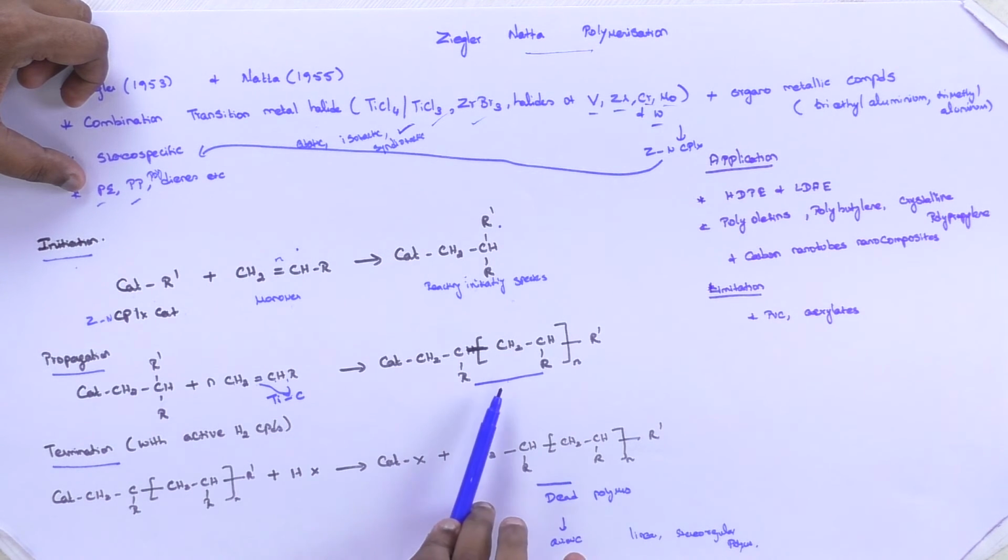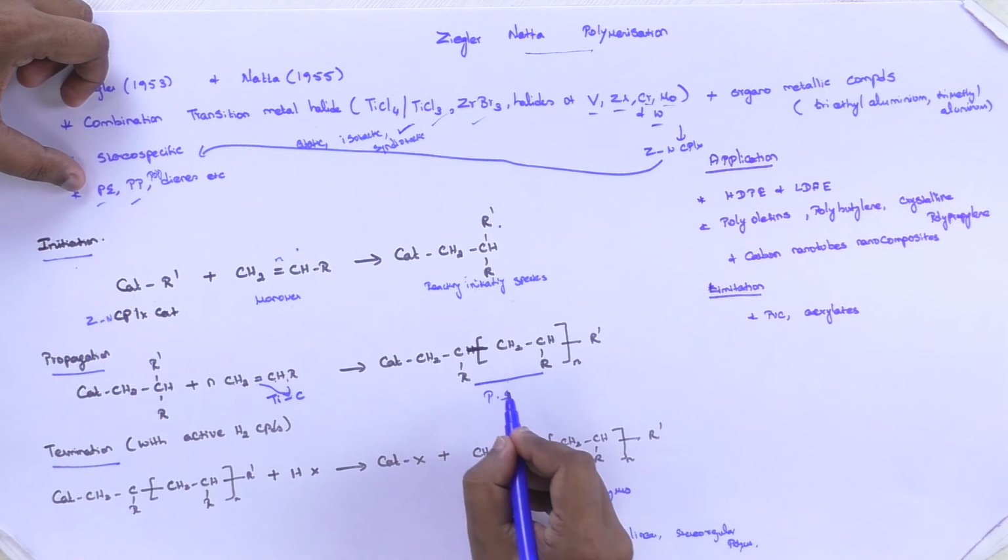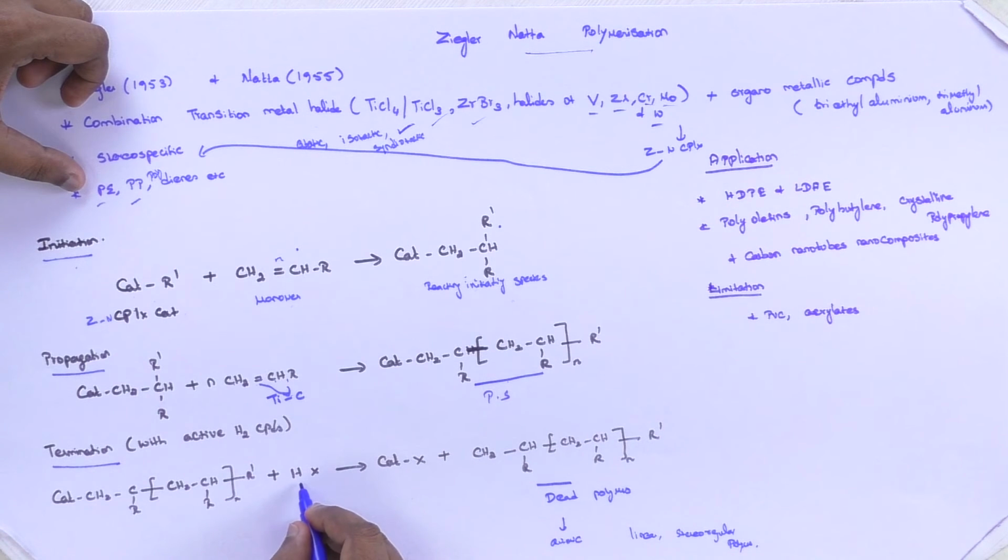Then a propagating species is formed, and this reacts with active hydrogen compounds forming the dead polymer, which may be linear or stereoregular.